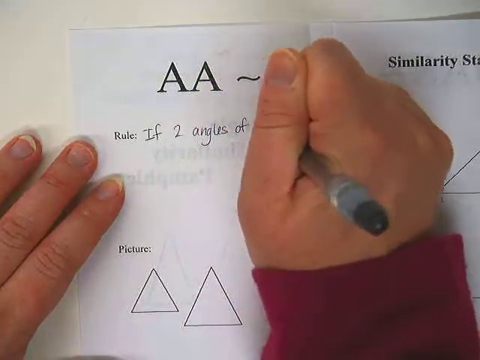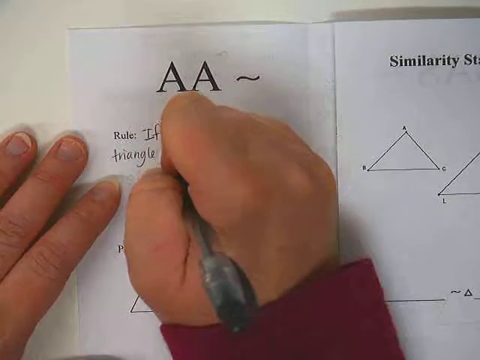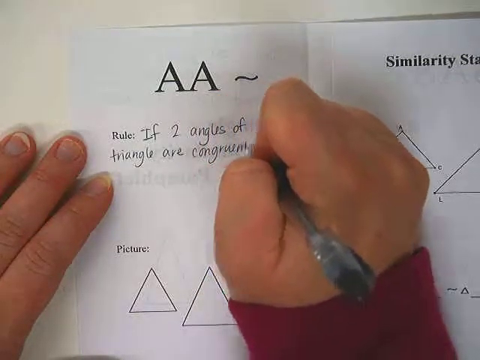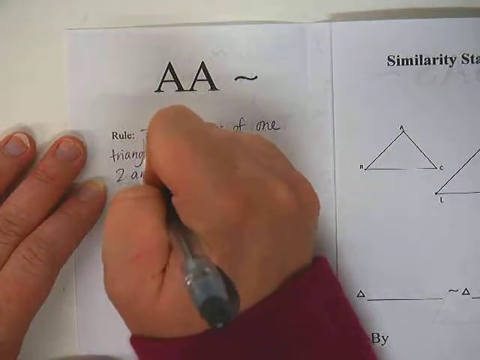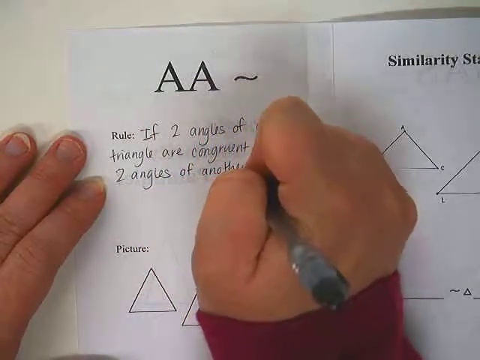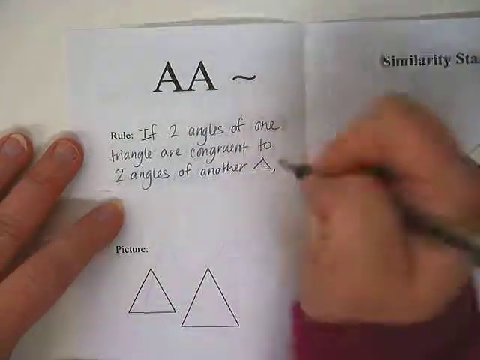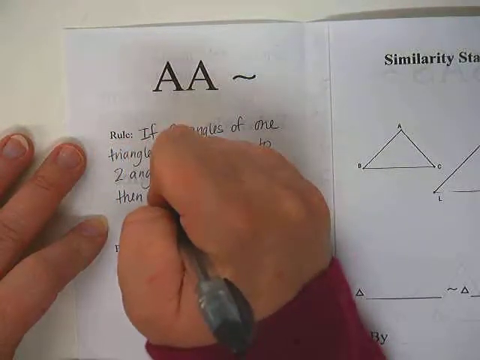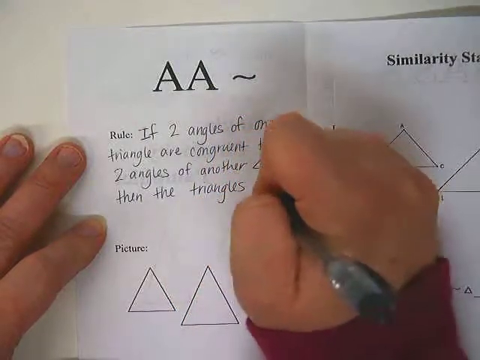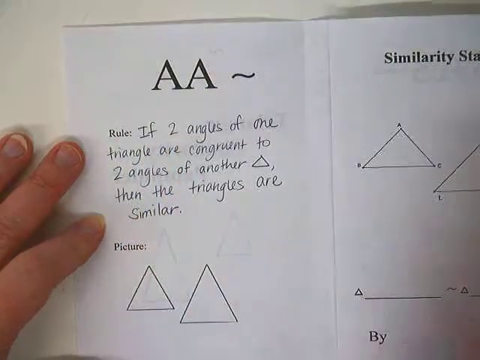If 2 angles of one triangle are congruent to 2 angles of another triangle, I'm just going to draw a picture of a triangle to abbreviate, then the triangles are what we call similar.